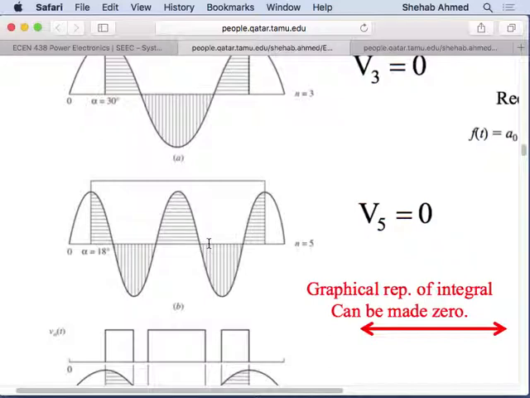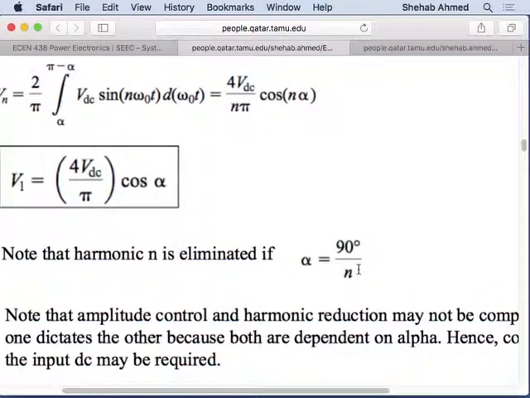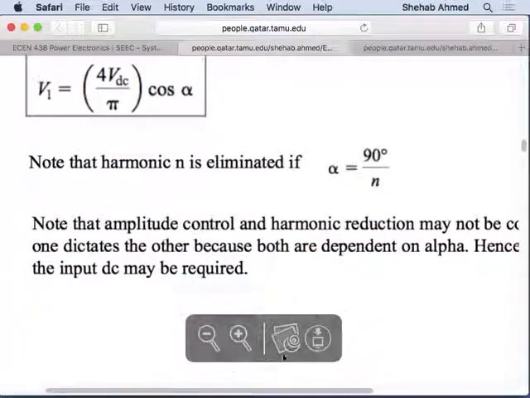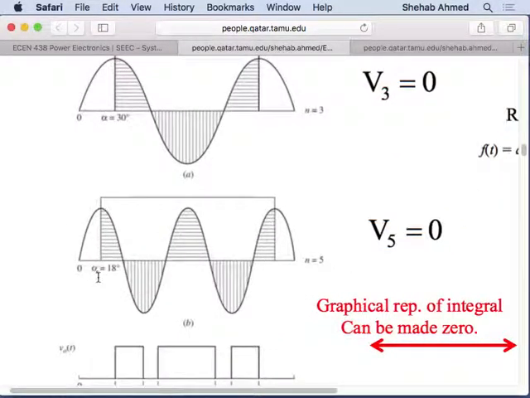Same thing, same method. And here I still have the single pulse per cycle. If I go back to here, how do I eliminate the fifth harmonic? Then it's 90 divided by 5, which is 18. So that's how they drew this. By choosing alpha equal to 18, they were able to eliminate the fifth harmonic.